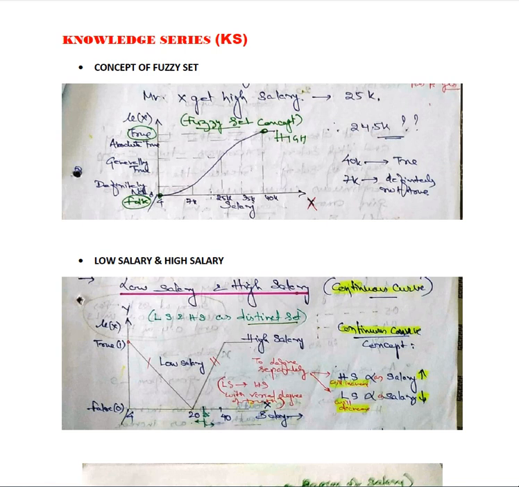So say for example, let me put a notation here, to see at this particular x value what the salary will be. If you take this x value, it falls between definitely true and generally true.